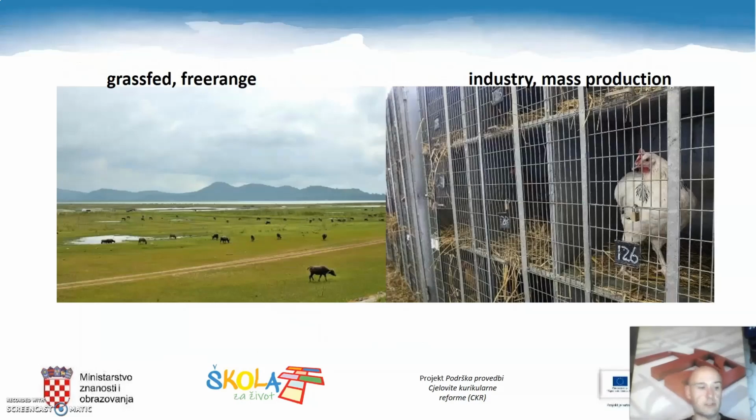So to conclude this story, the production of the meat itself, which today varies from grass-fed to free-range, up to the industry and mass production of meat or meat byproducts. So regardless of the way we produce this meat, the bigger problem lies in its usage.